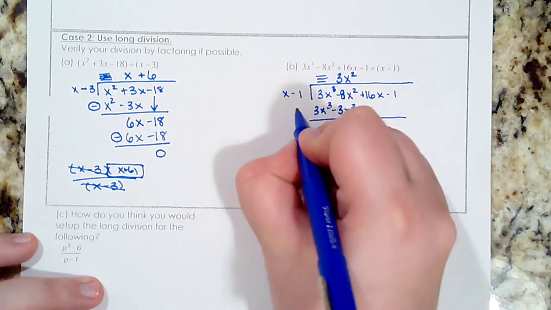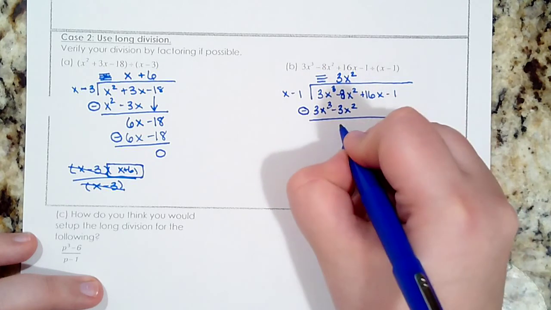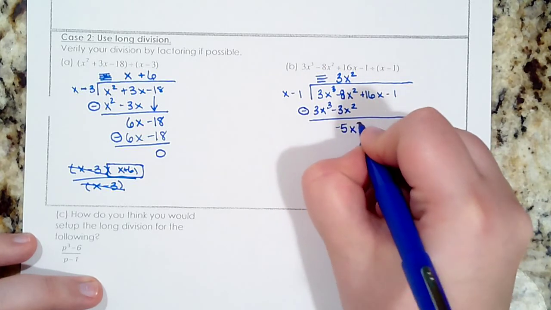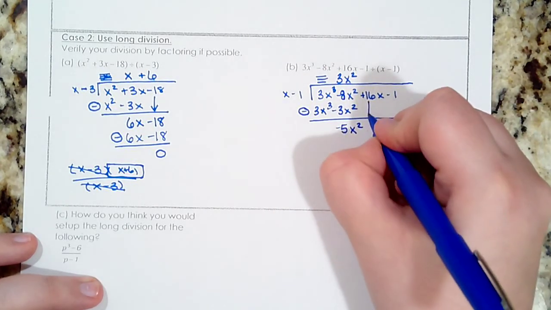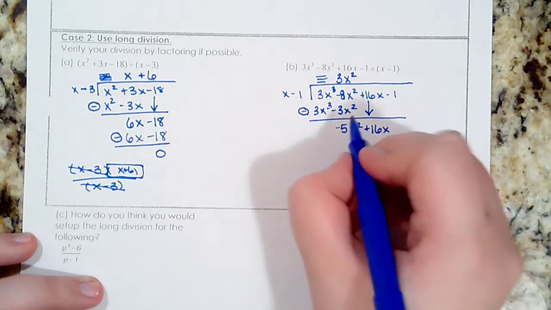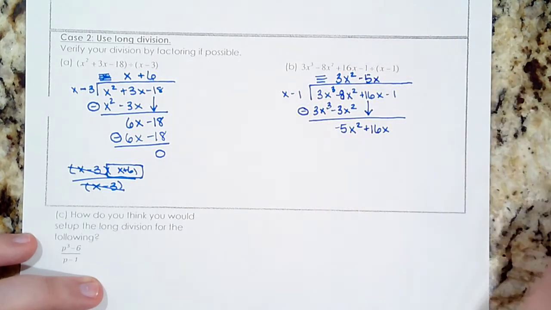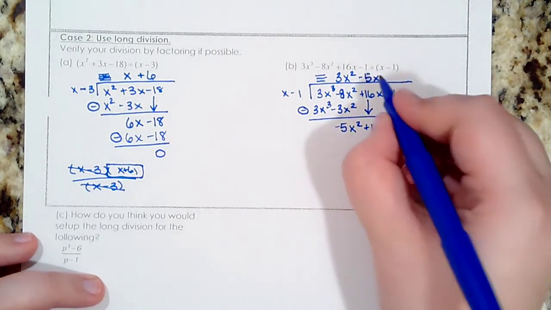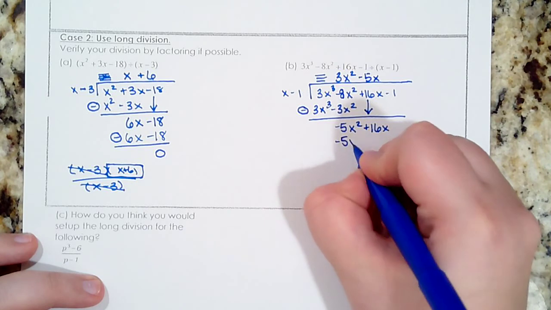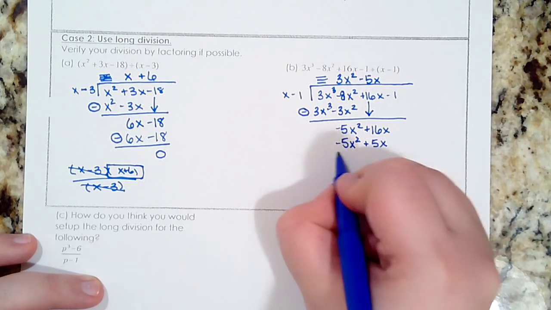Don't forget that you are subtracting at this step, so that when you go down, you get negative 5x squared. Bring the next term down to continue the process. It goes in negative 5x times. This becomes negative 5x squared, positive 5x.